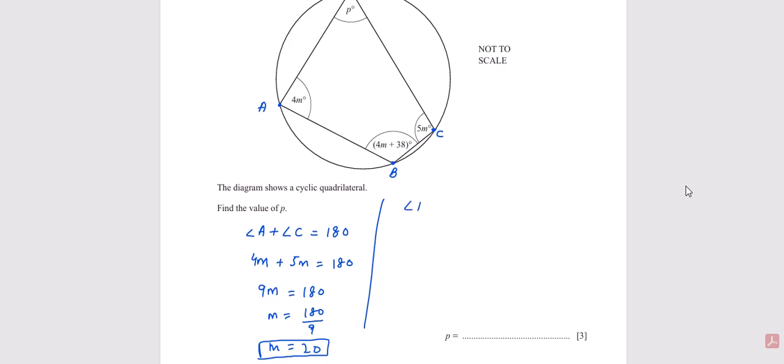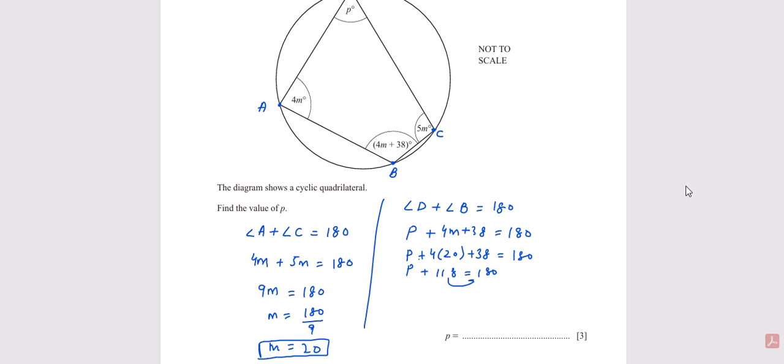Angle D plus angle B is equal to 180, angle D is p, and angle B is 4m plus 38 is equal to 180. p plus 4, the value of m is 20, plus 38 is equal to 180. p plus, 4 multiplied with 20 plus 38, we get 118, is equal to 180.